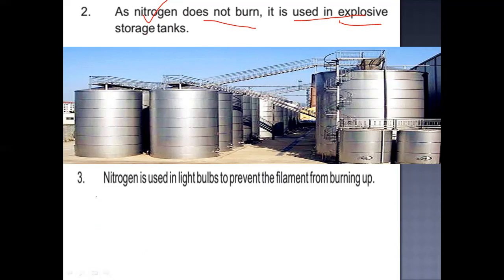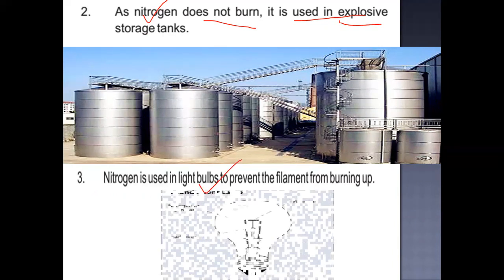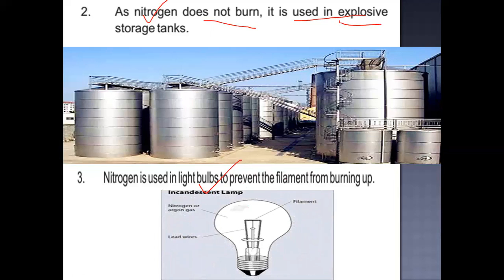Number three, nitrogen is used in light bulbs to prevent the filament from burning up. If you see, this is the filament, that is the tungsten filament. Tungsten is an element. When we switch on the bulb, this filament is heated. If we heated that filament without this glass bulb, it would just catch fire.